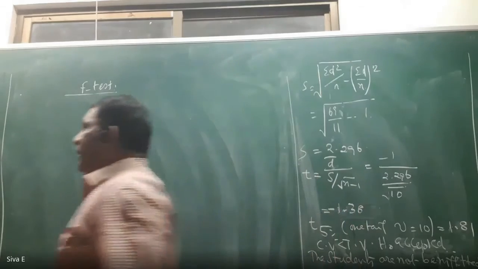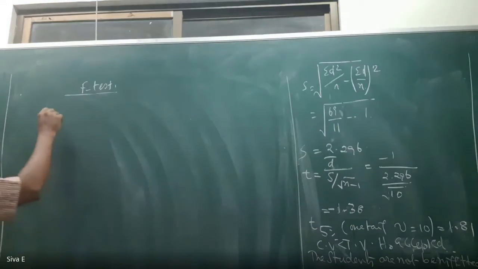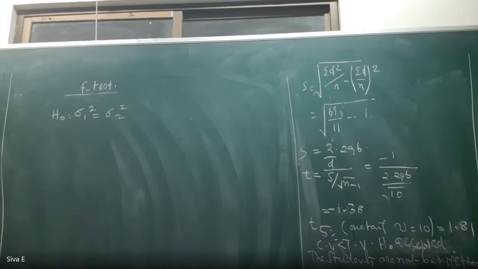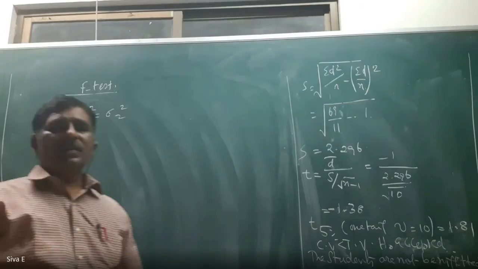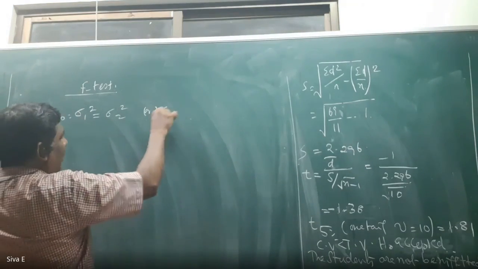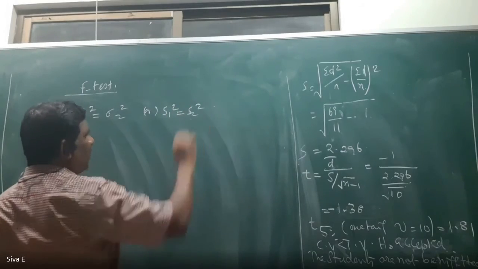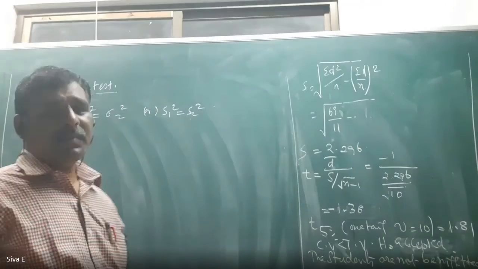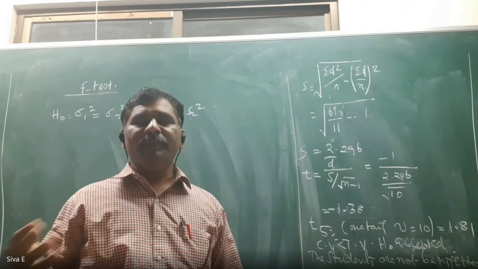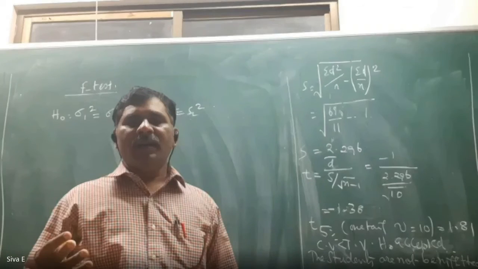Now, F test. Null hypothesis H naught is sigma 1 square equal to sigma 2 square, or S1 square equal to S2 square. Based on the problem, you have to write whether they are asking that sample variances are equal or not.